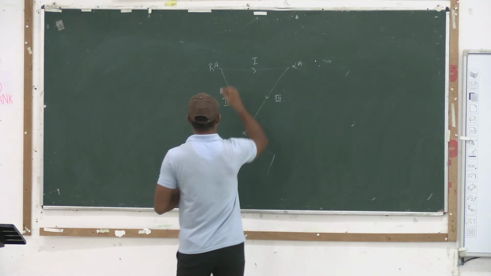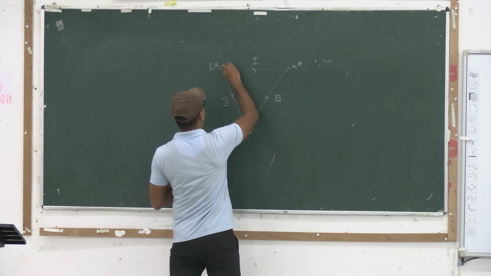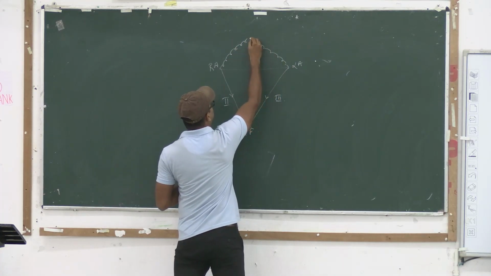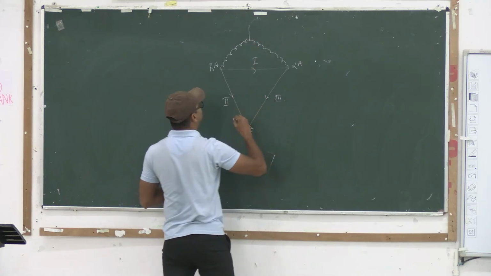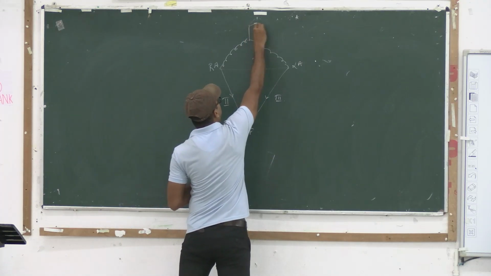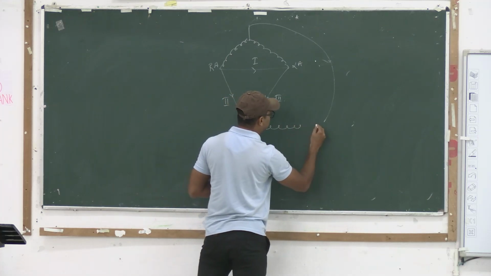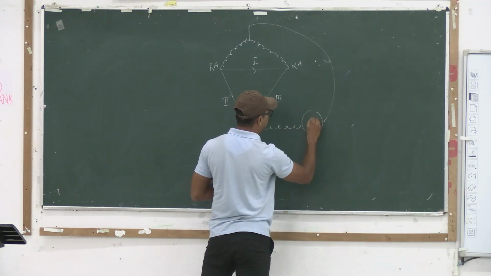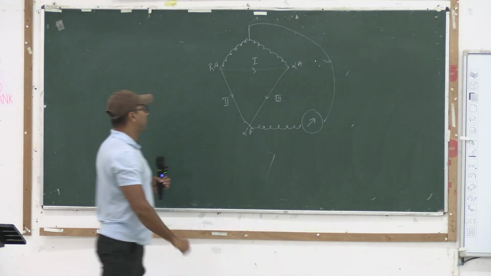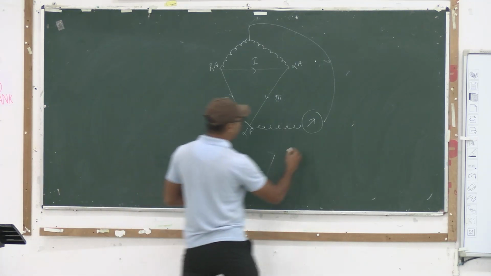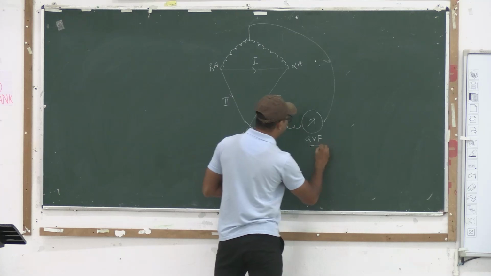One I connect at RA, then another from LA. I'll make a common terminal, and with that common terminal, I will connect LF. Clear? So it forms the lead AVF.